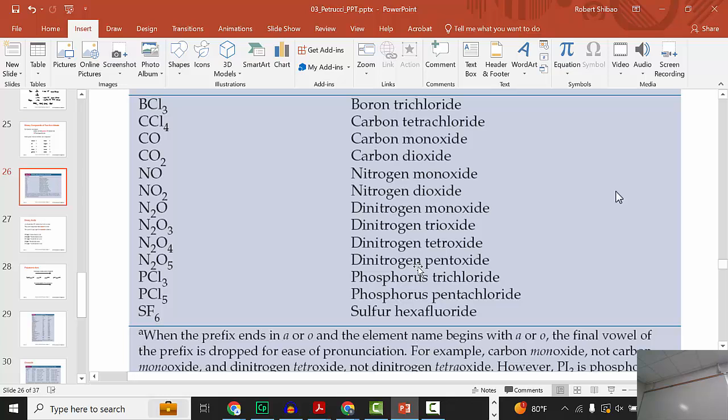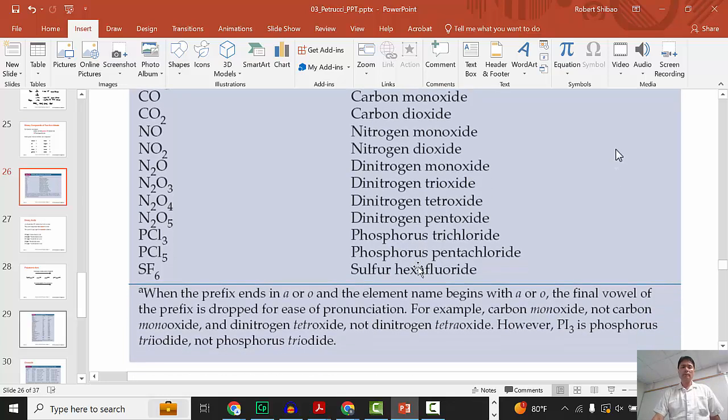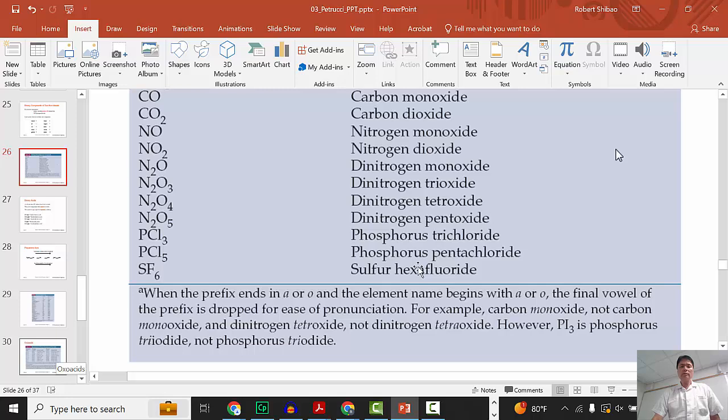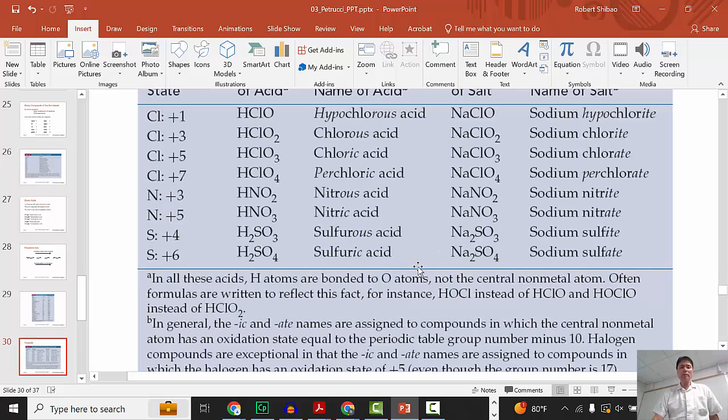We got to stop here. And so we have +1, +2, +3, +4, +5. +3 and +5 are quite common, but that's maxed out. So those are the binary molecular compounds.